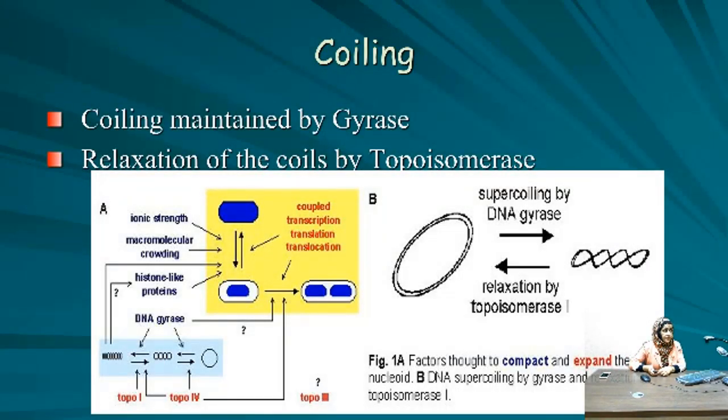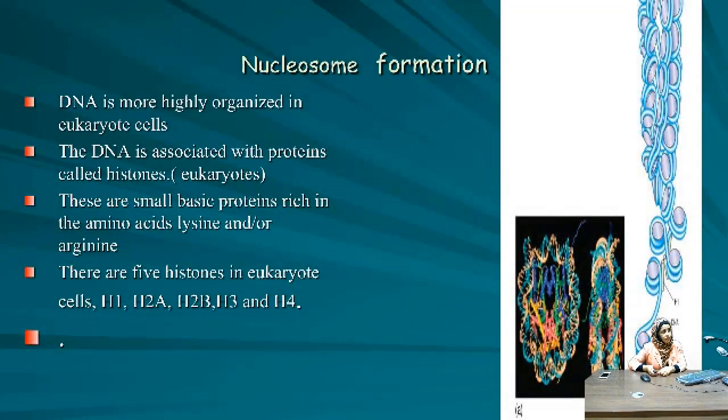In this scheme, we show the coiling maintained by the gyrase enzyme and the relaxation of the coils by topoisomerase. Nucleosome formation. DNA is more highly organized in eukaryote cells. The DNA is associated with proteins called histones in eukaryotes. These are small basic proteins rich in amino acids like lysine and arginine.